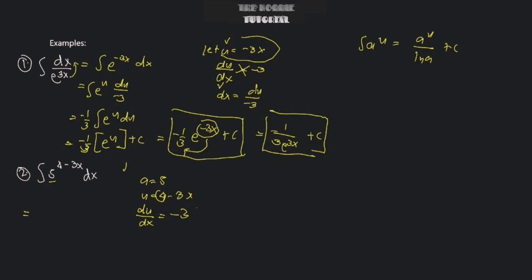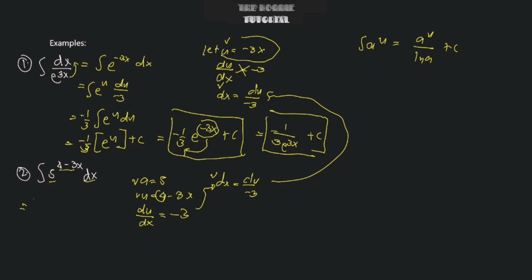And then we need to find the value of dx. dx is just equal to du over negative 3. So basically this is equal to what we have here in example number 1. So since we already have the value of a, we have the value of u, and we have the value of dx, we can now substitute these into the original integration form.